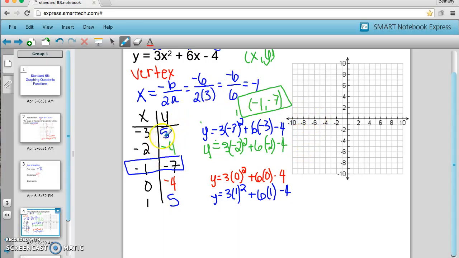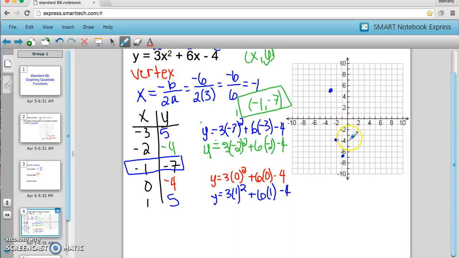All right, so now I just need to plot these points. So I'm going to do -3, positive 5, so -3, and then up to positive 5. Put a point there. That's one of my points. And then -2, -4 is going to be my other point. Now I'm doing -1, -7, so that's my vertex right there. I know it should be going back up.